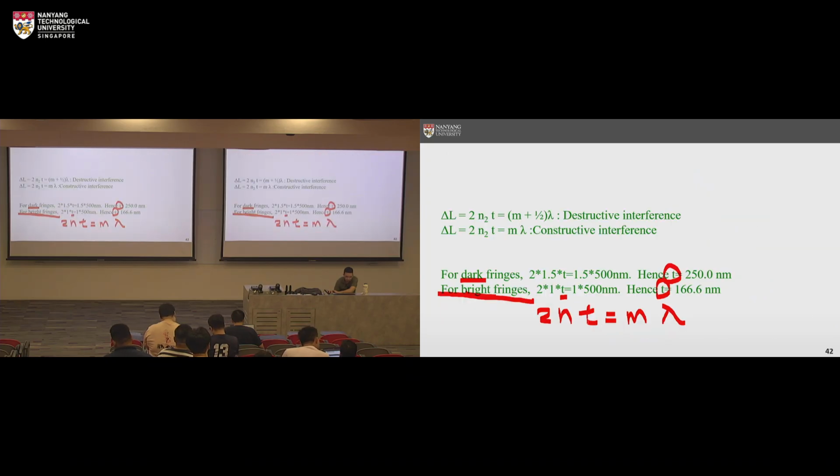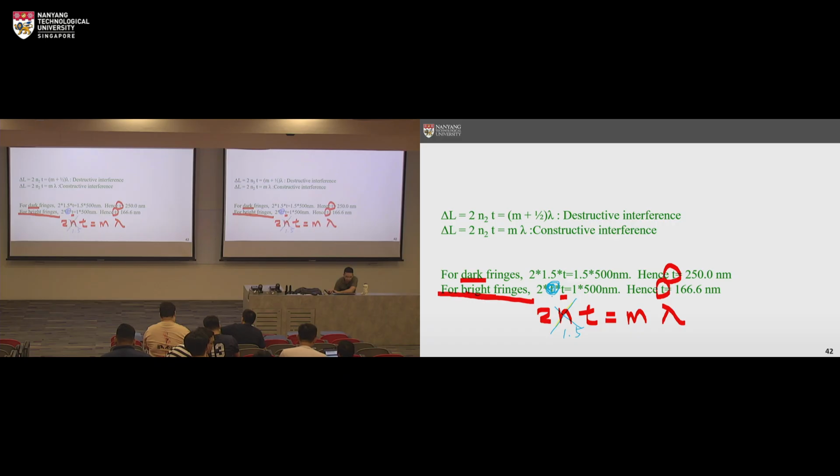So the n should be 1.5. Okay, so this is not correct. This n should be 1.5 since this is the refractive index.